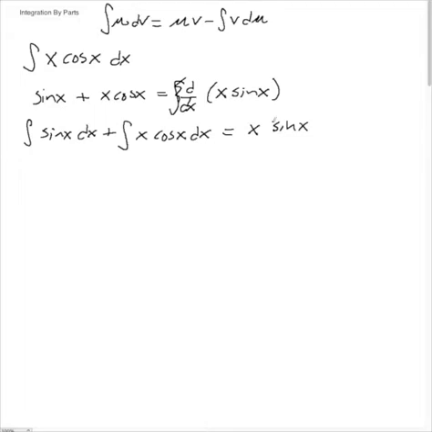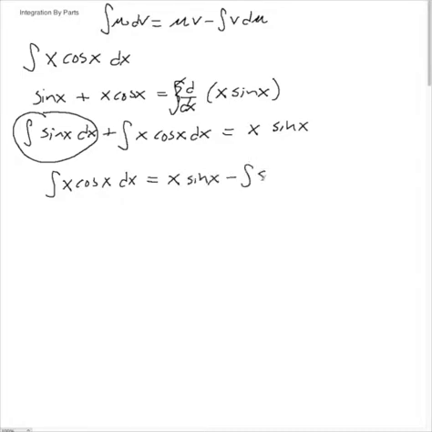Now, bear with me for a minute, I'm going to subtract this whole thing off of the left, and what I'll end up with is this. The integral of x cosine of x dx, which is actually the original integral I want to take, equals x sine x minus the integral of sine x dx.